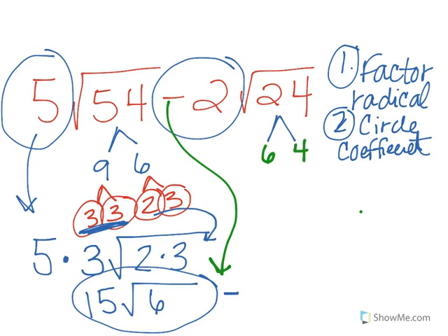You can use either factor. What can I break down 6 to? 2 and 3. Are they prime? Yes, so I circle them. What about 4? 2 and 2, so I circle them.